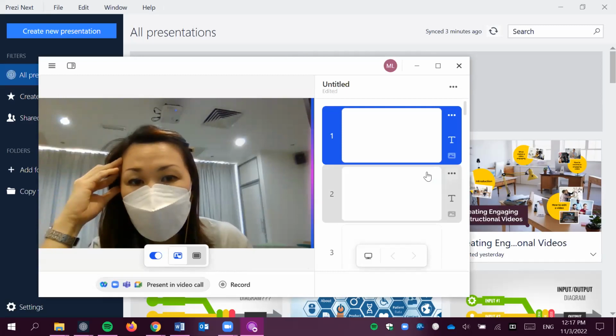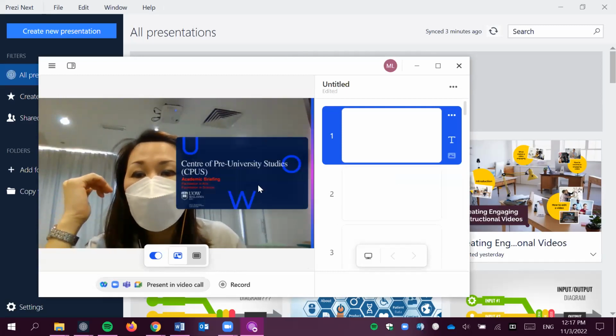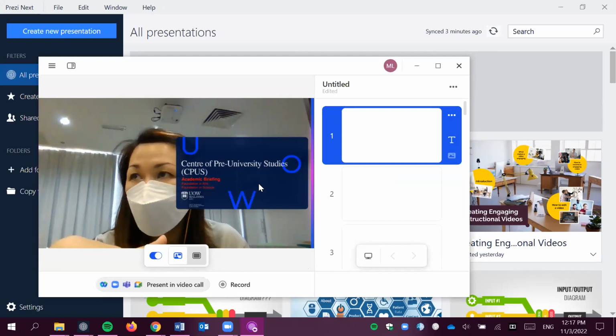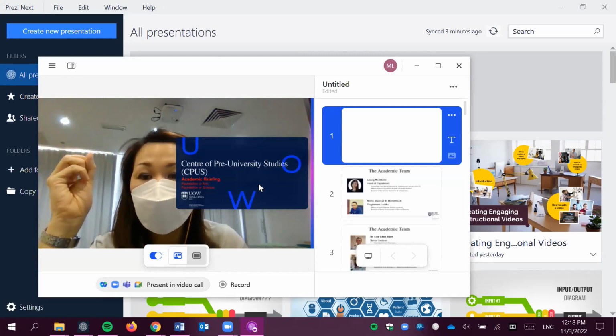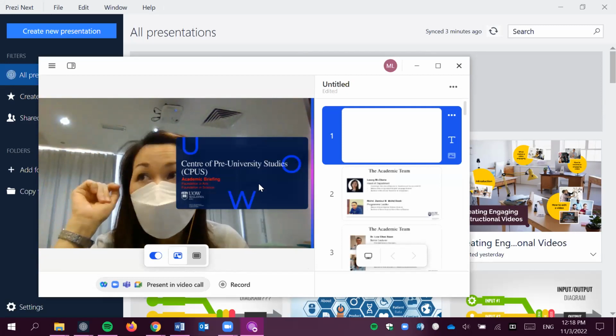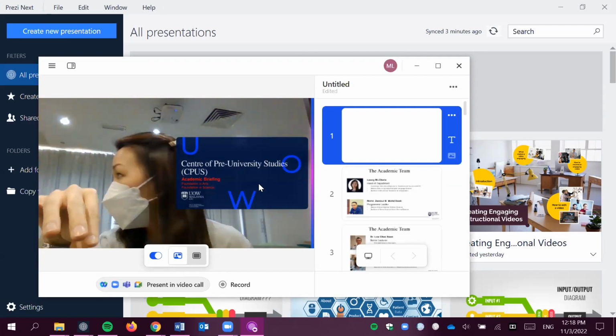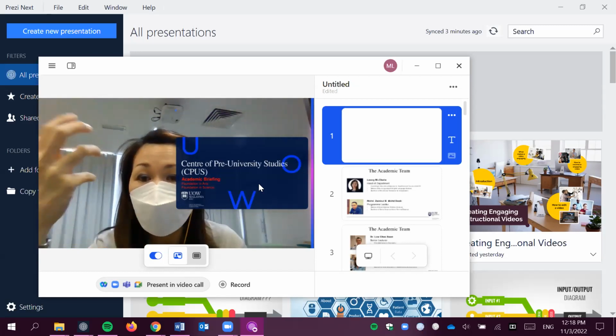But you need to take note that when you take your slides from PowerPoint to Prezi here, you cannot edit like in PowerPoint anymore, because it takes it like a PDF file. And the animation that you do in PowerPoint will not be here anymore also, because it imports it like a PDF file.